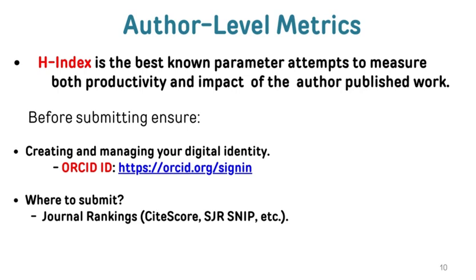Author metrics. The H-index is the best-known parameter that attempts to measure both productivity and impact of an author's published work. Each journal has its own impact index, which depends on the number of citations of the articles of those authors.